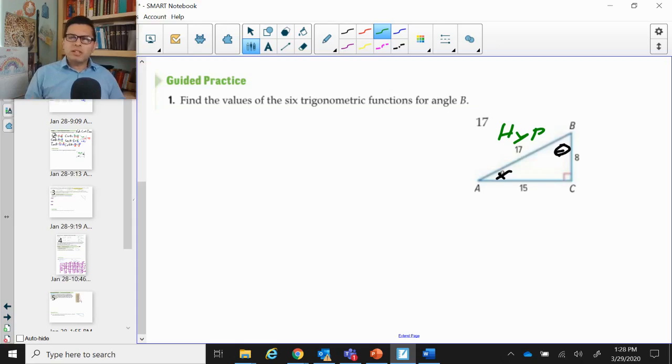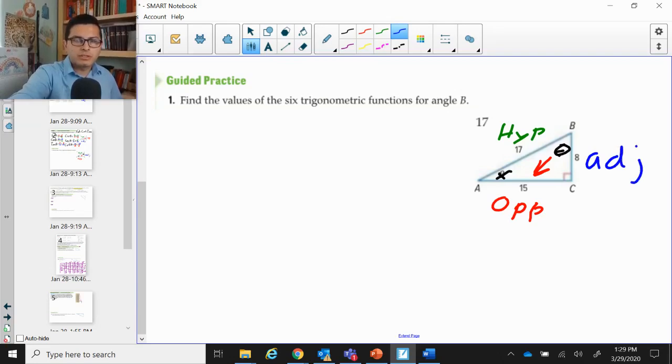If you notice that the angle being at B now, it changes it to where I can't draw a line across the triangle to get to 8 anymore, which means that I have 15 as my opposite side. So now 15 is going to be opposite, which means that 8 is now going to be adjacent.